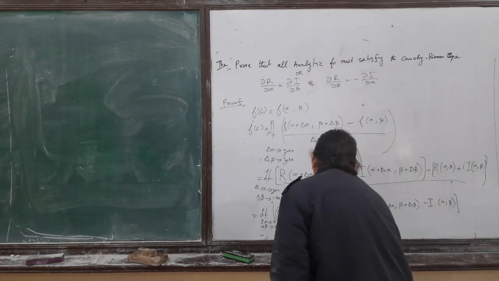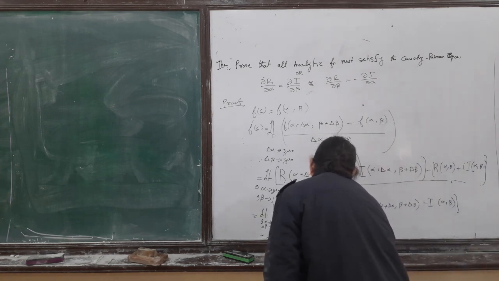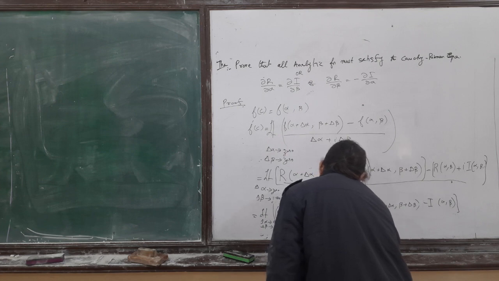Both will be divided by delta alpha plus iota delta beta.